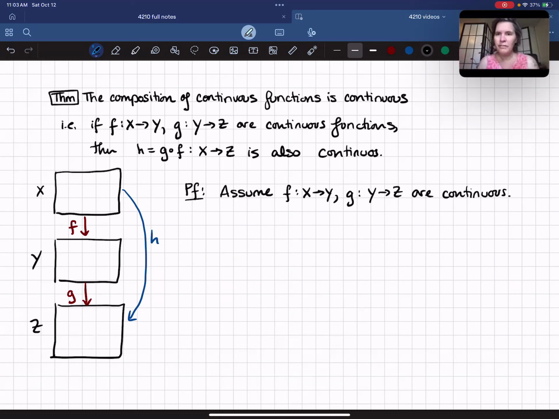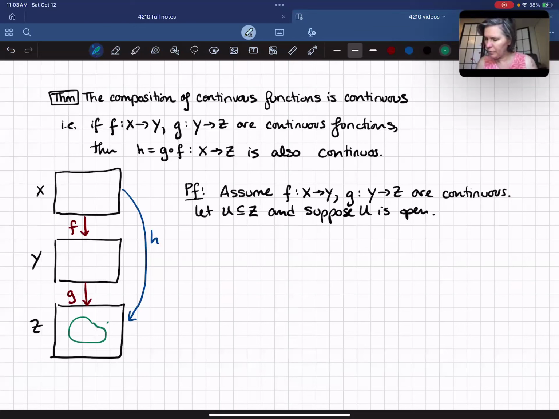The normal definition of continuity is I start by taking an open set in the codomain. The codomain of h is Z. So I'm going to start with a U subset of Z and suppose U is open. There's an open set.